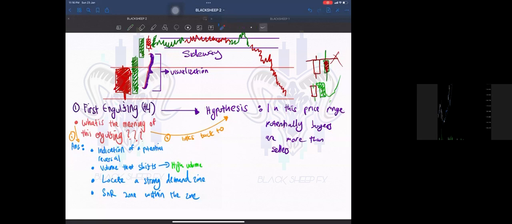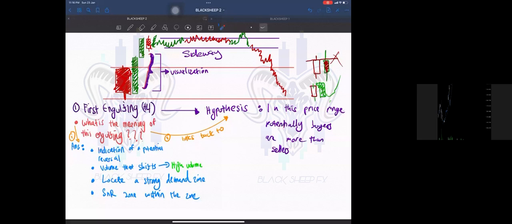So then, we have to first understand the meaning of the first engulfing, and I'm going to be teaching you guys in the reference or perspective of a H4. You can use any time frames, doesn't matter, but I trade on a bigger time frame all the time. So the meaning of the engulfing is, firstly, it is an indication of a potential reversal.